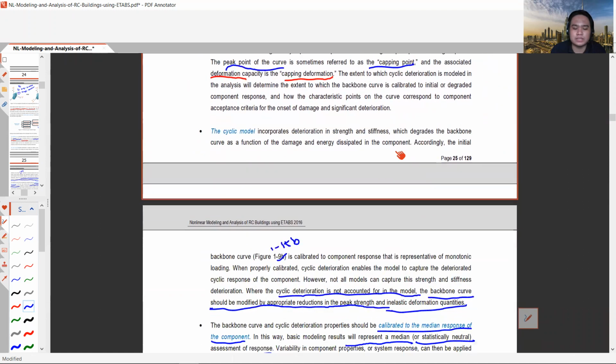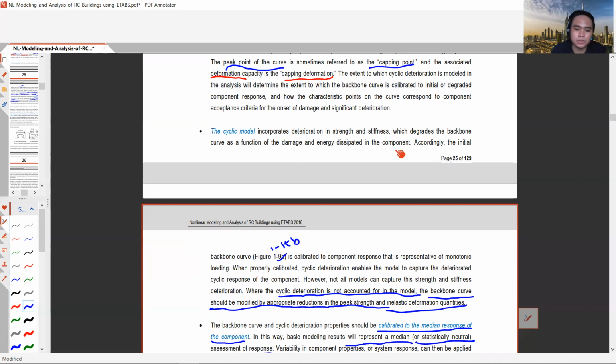Okay. So for the cyclic model, according to that, hindi daw lahat, not all models can account for the cyclic deterioration. So we need to modify the backbone curve with appropriate reduction in the peak strength and inelastic deformation to replace the missing cyclic deterioration or yung hindi natin na-account na cyclic deformation.